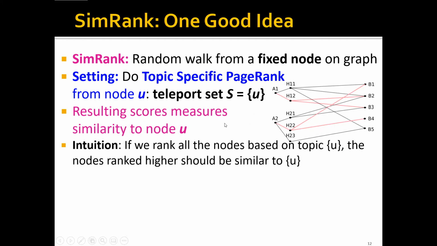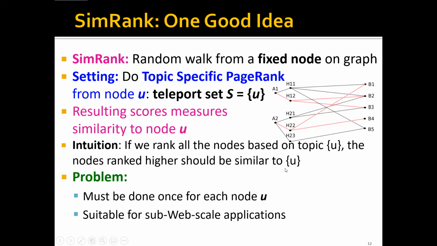The intuition is that if we rank all the nodes based on topic U, then the nodes that are ranked higher should be more similar to U. But one problem, of course, is that this must be done once for every node U. For example, if you want to compute the SimRank for node A1, you need to run the PageRank algorithm a full pass, going through multiple iterations.